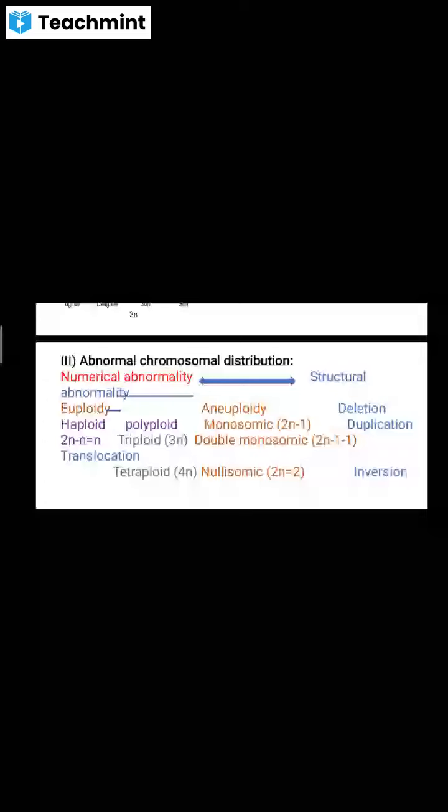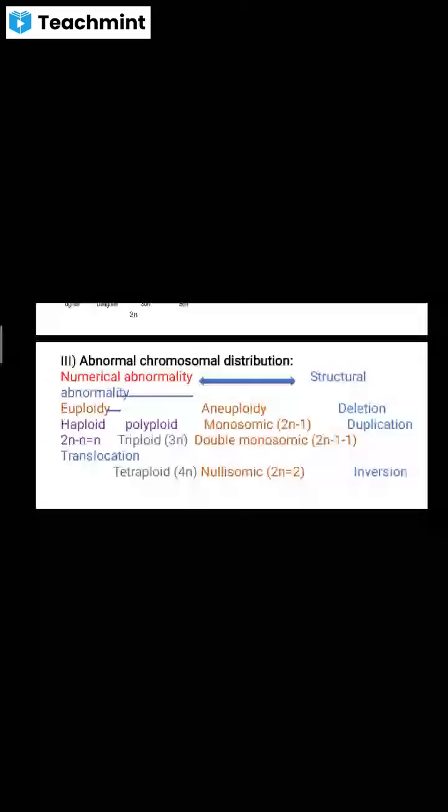Generally, the normal chromosome state is diploid. In polyploid, one set of chromosomes is added. In tetraploid, two sets of chromosomes are added. In aneuploidy, one chromosome is removed or subtracted from the original chromosomes.